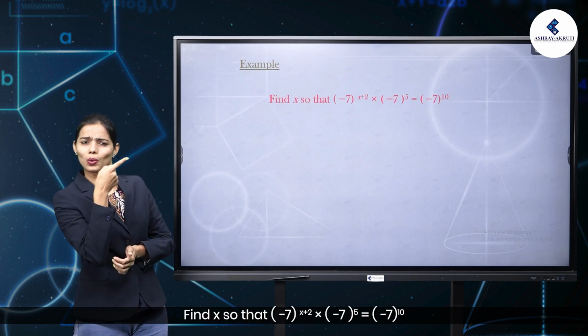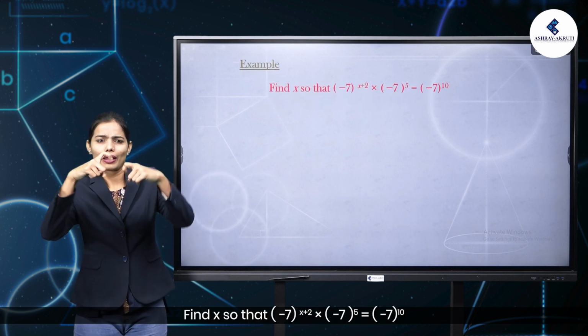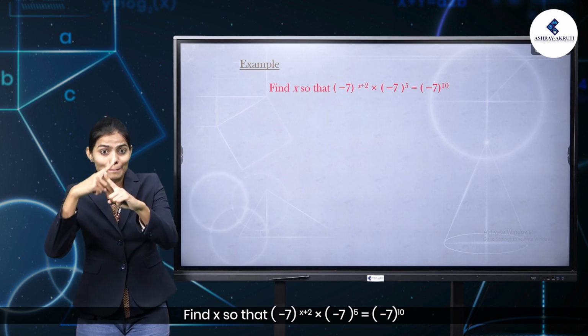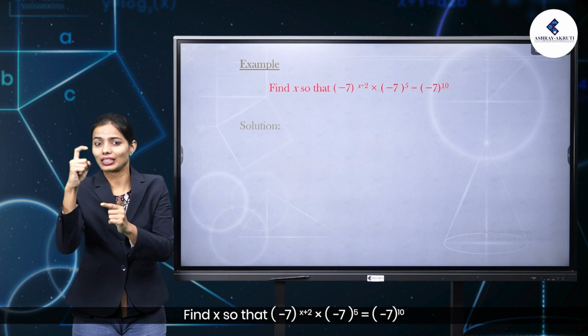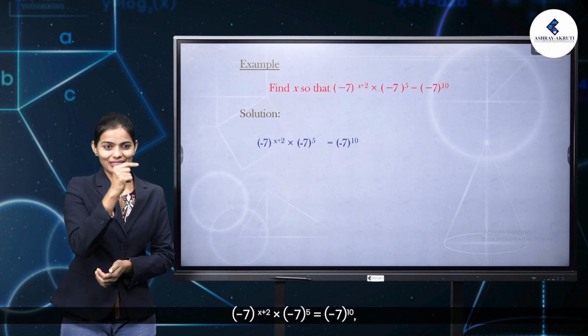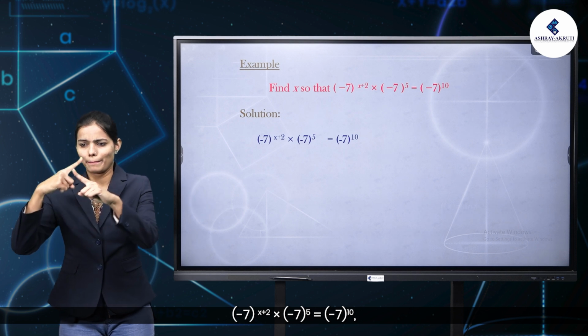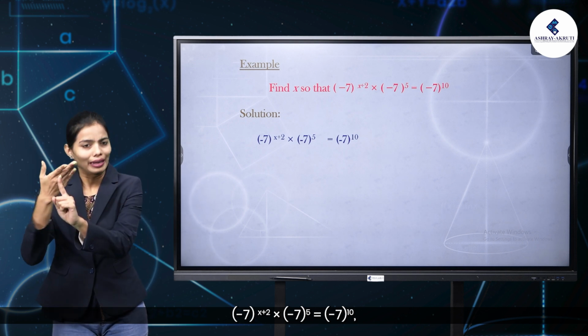Example. Find x so that (minus 7) whole power x plus 2 into (minus 7) whole power 5 is equal to (minus 7) whole power 10. Solution.